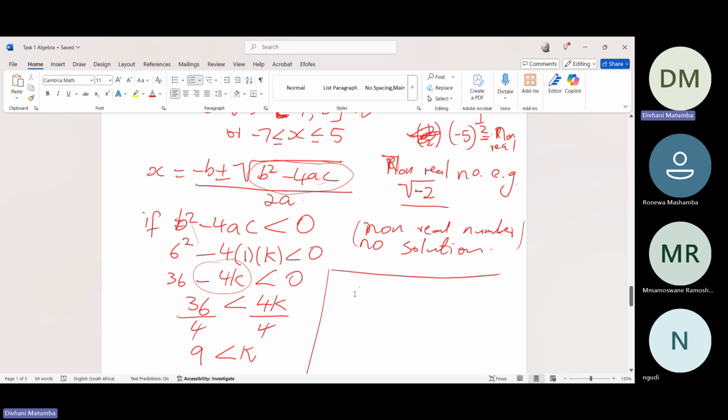In order for your expression to be non-real, any number which is negative is less than 0. If this expression b squared minus 4ac is less than 0, it means whatever you have under the square root will be negative, and the square root of a negative number is a non-real number.